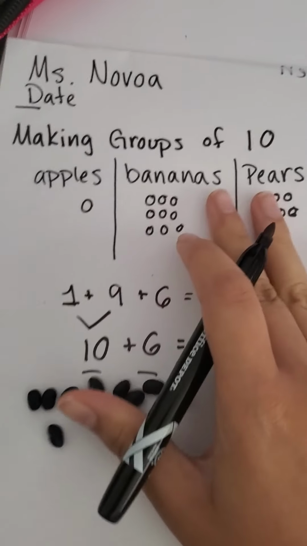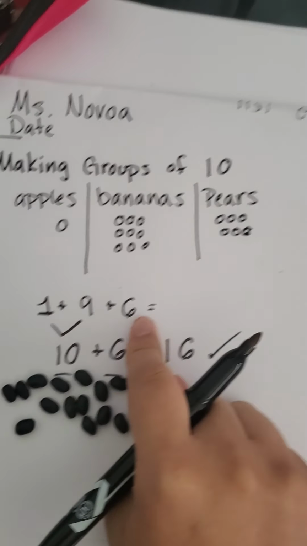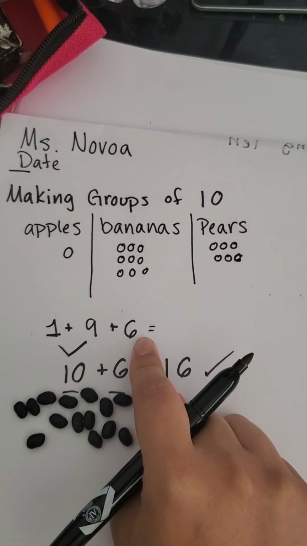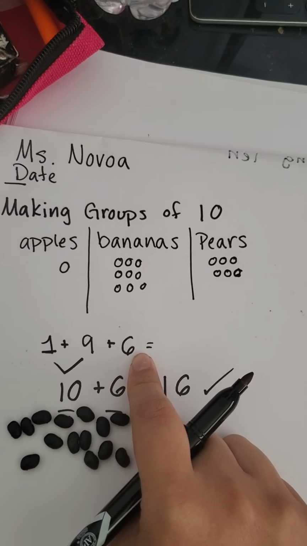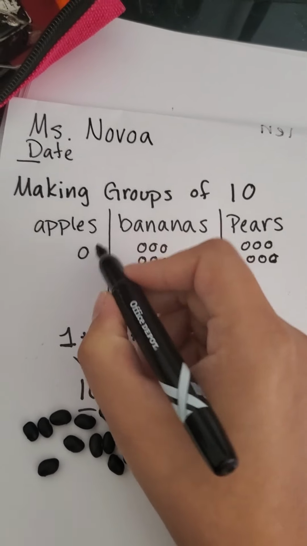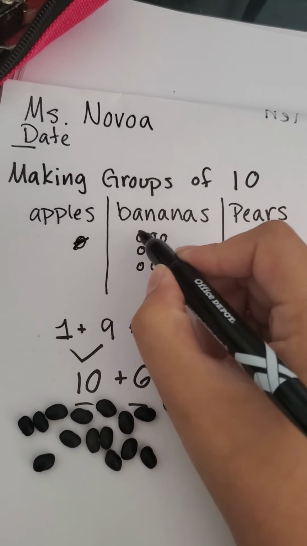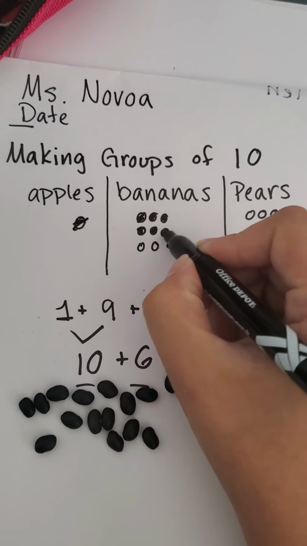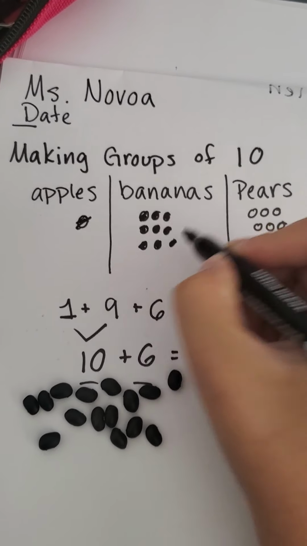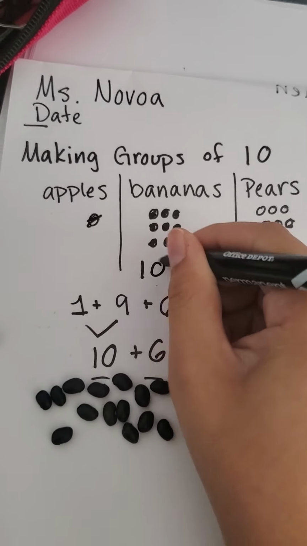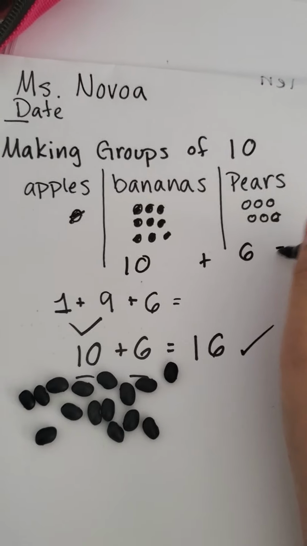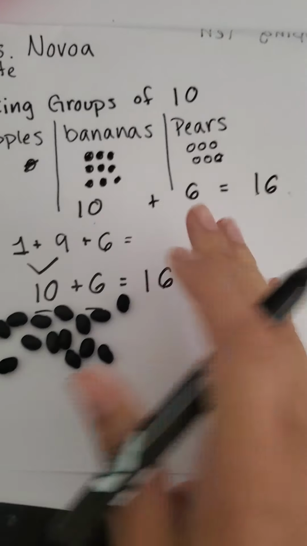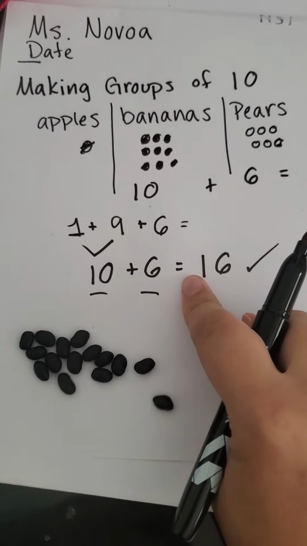That was 1 plus 9 plus 6. To make it easier, we wanted to make a group of 10, right? 1, you can color it. 1, 2, 3, 4, 5, 6, 7, 8, 9, 10. So right here I have a group of 10 plus a group of 6 equals 16. And that's what you see right here.